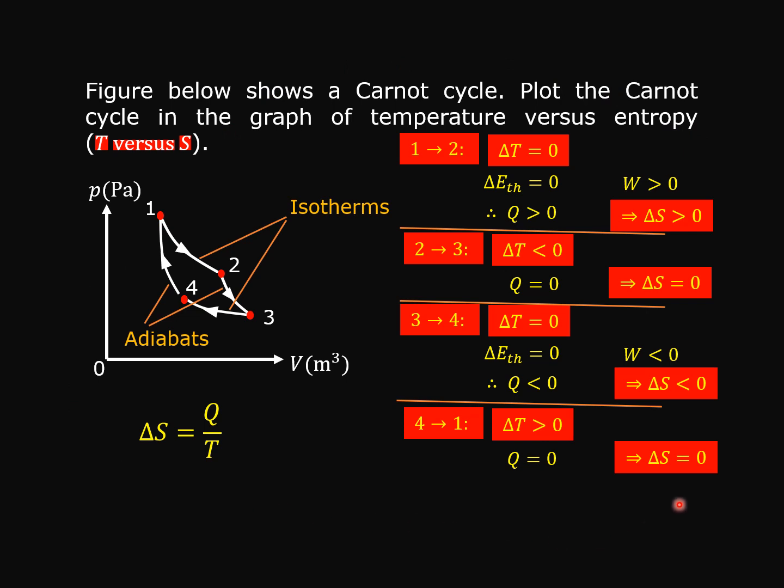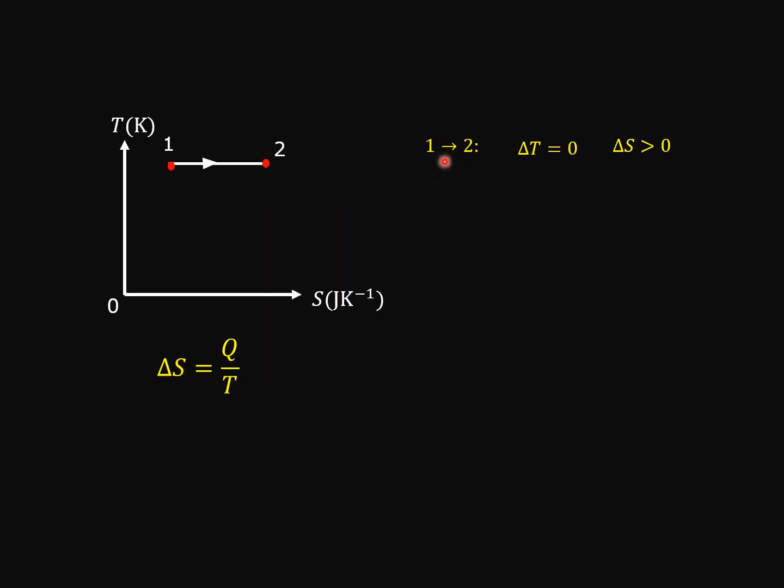This is the final list of the information that we need to plot the graph of temperature versus entropy. Now we will start to plot the graph. For the process of state 1 changing to state 2, the temperature is constant and the entropy is increased.